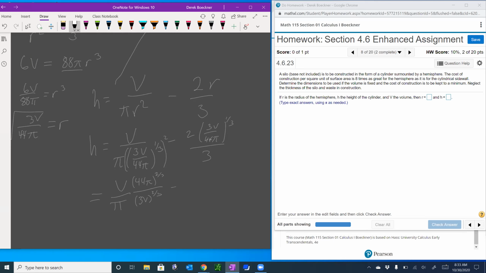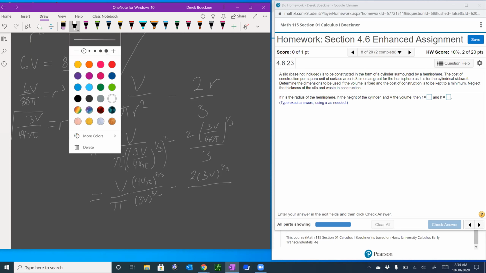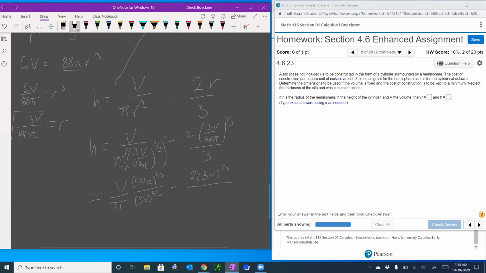And then here I've got 2 times 3V to the 1/3, and down here I've got a 3 and 44 pi to the 1/3.